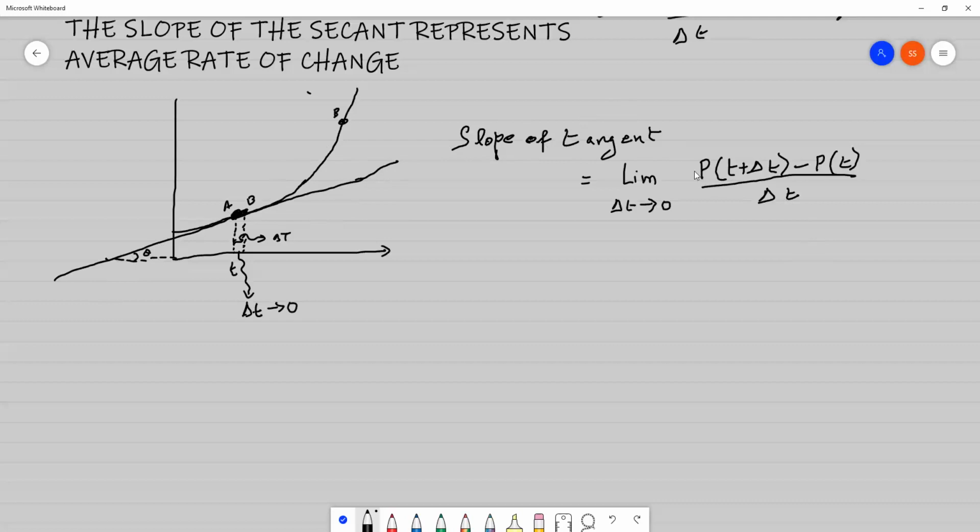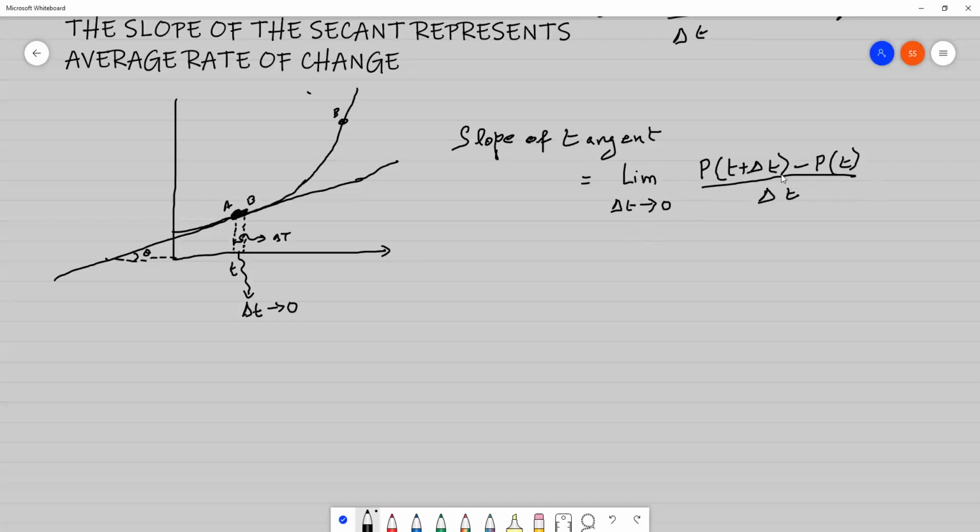When del T tends to 0, the secant becomes a tangent. Similarly, the slope of the secant becomes the slope of the tangent when you apply this limit del T tends to 0.